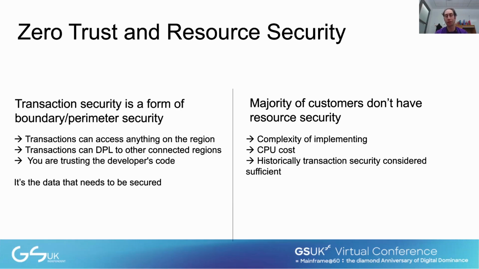There's the CPU cost, which we've already mentioned. We'll talk about estimating that in a bit. And typically in the past, transaction security was sufficient. You had to sign on to the CICS region in the first place, and then you had to be allowed to run the transaction. And in many cases, that was good enough.